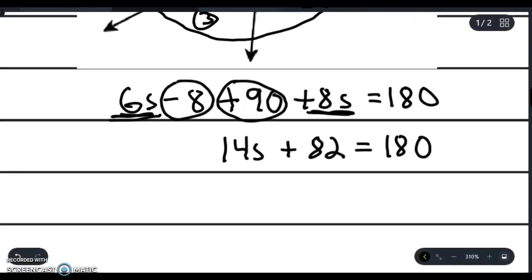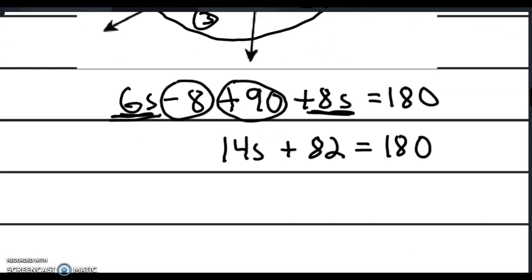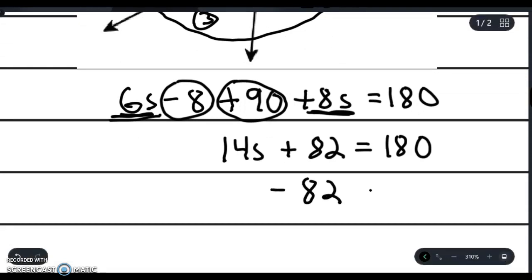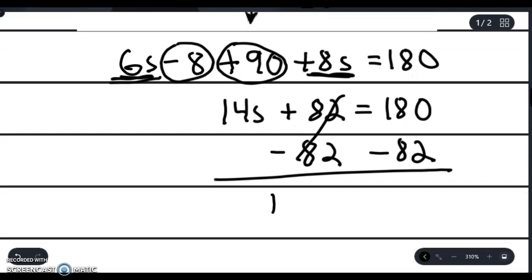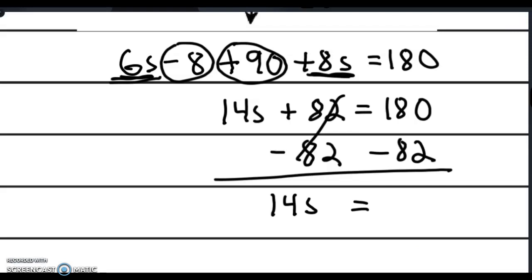Now we're going to isolate the variable, which is S, and subtract 82 on both sides. The 82s cancel out. That's going to leave me with 14S is equal to 180 minus 82, which is 98.